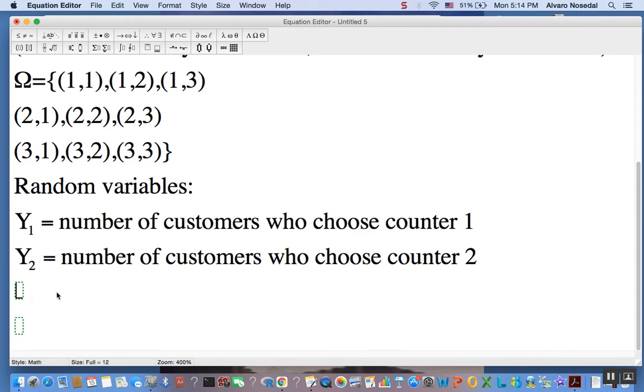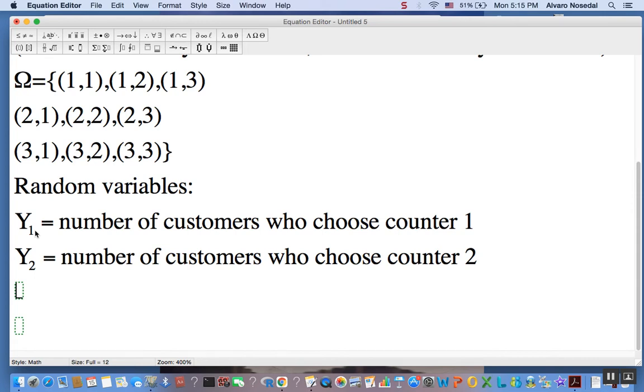Okay, let's keep going. Remember when we were talking about just one single random variable, we said the probability distribution is nothing but a list of all possible outcomes with the corresponding probabilities. So in this case, y1 could assume which values? 0, right?